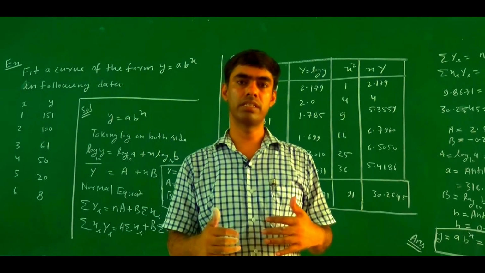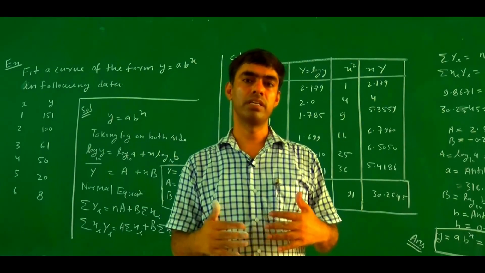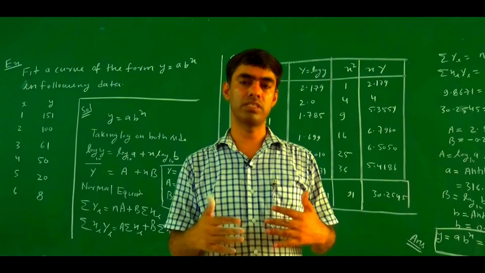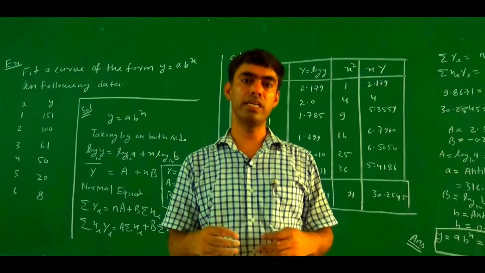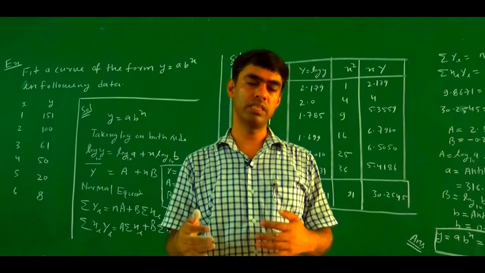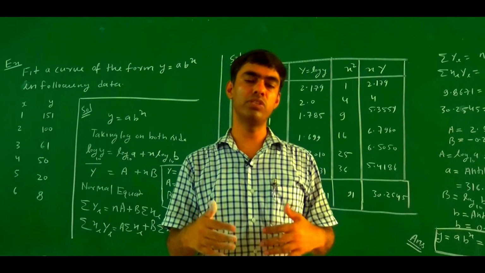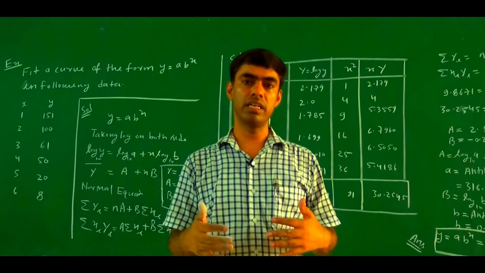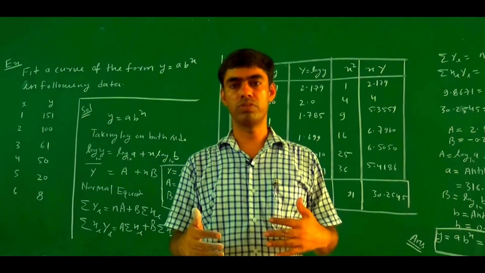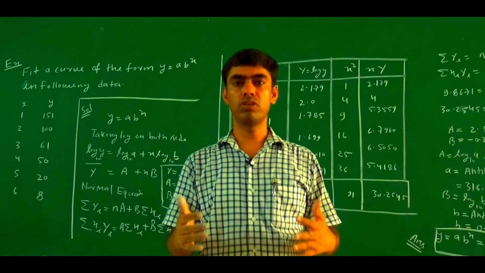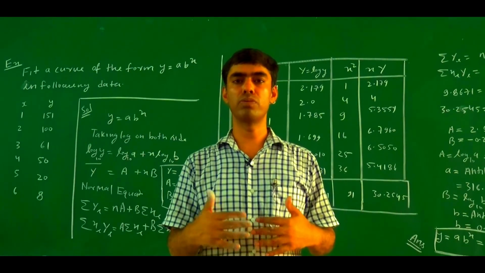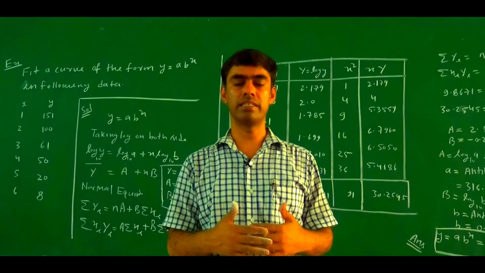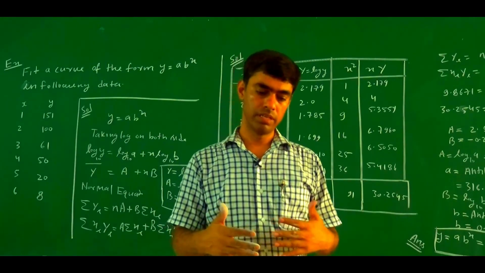If this is in the form of an exponential curve, or a power curve, means in the form of y equal a into b to power x, y equal a into x to power b, y equal a into e to power bx, or any other form, then if we take the log on both sides, this form is converted into a linear regression, a linear line.